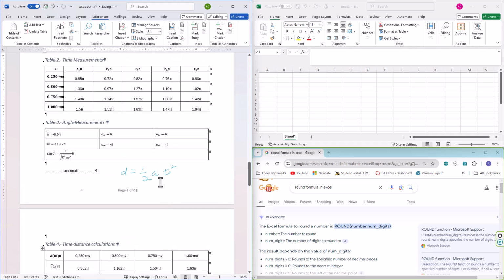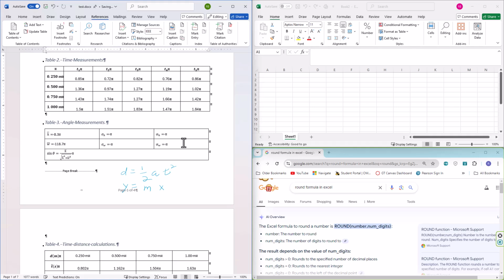Okay. Now, given that we are going to have a value for time squared, we can actually do regression, noting that here d is going to be y, 1/2 a is going to be our slope, and t squared is going to be our x value.